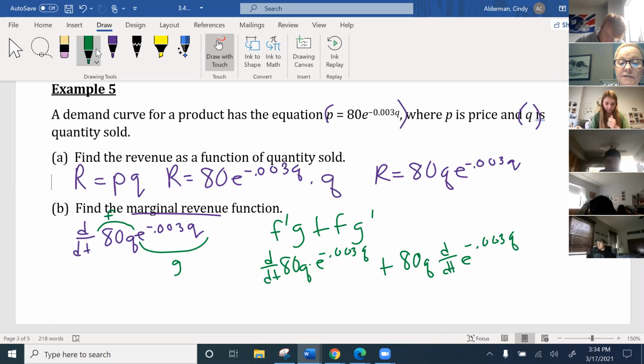Okay, now we're going to execute it. Let's see, the derivative of 80q is just 80, right? Because the derivative of q is just 1, and 1 times 80 would give you 80.